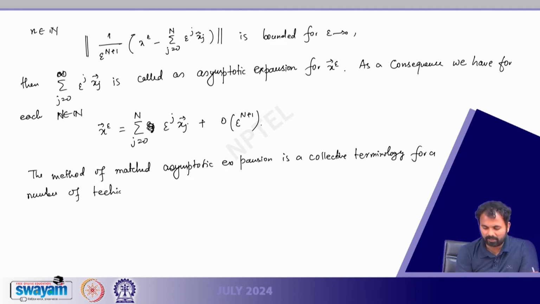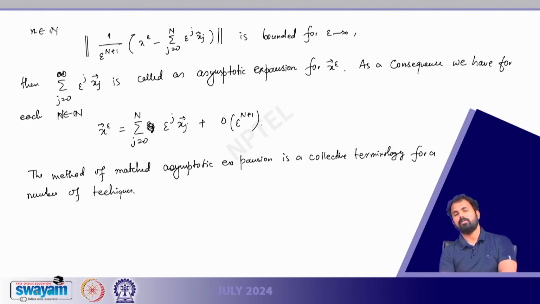So this is widely used in different branches also. So in second order ODE, when you have singular points and you are looking for a series solution, there also we use the asymptotic expansion.